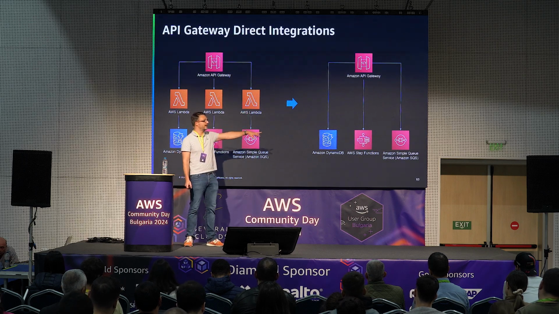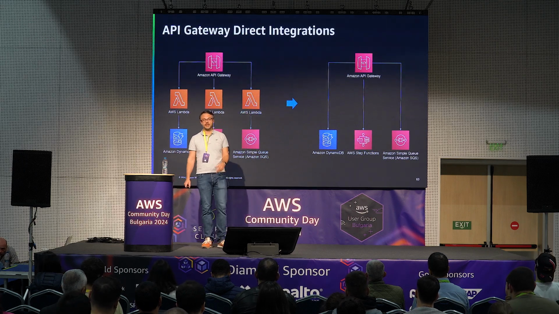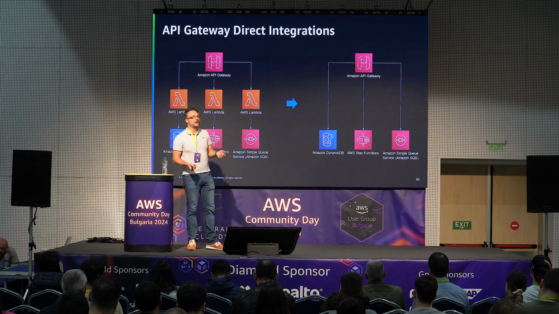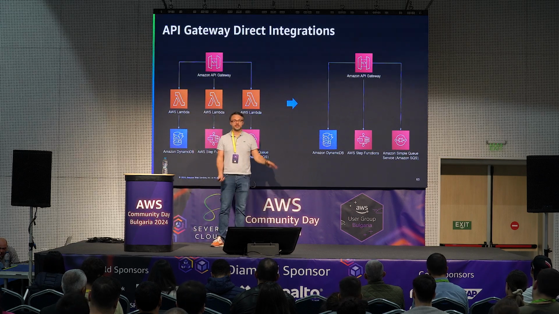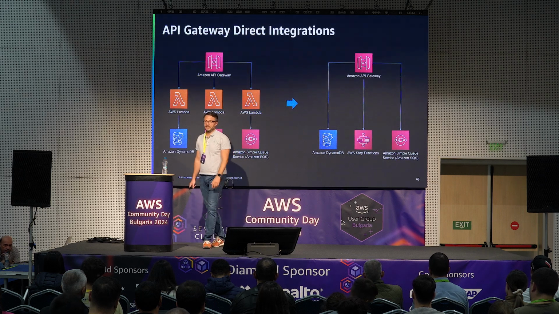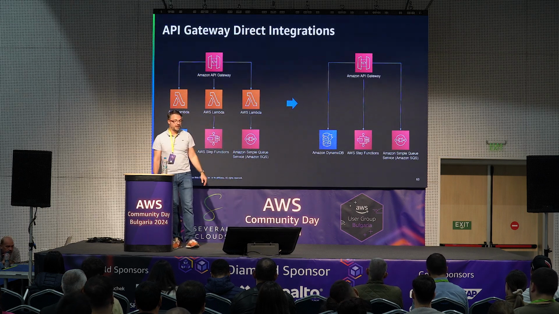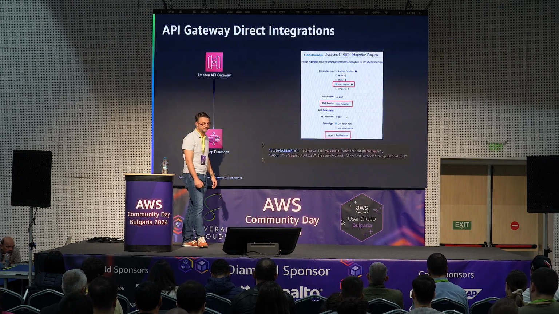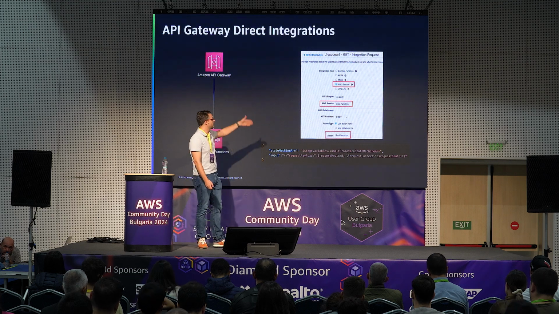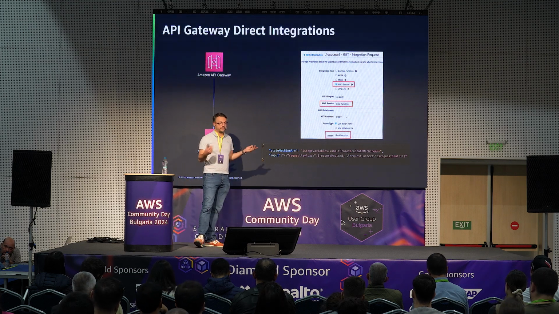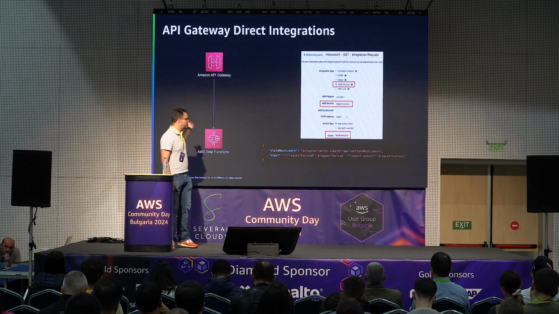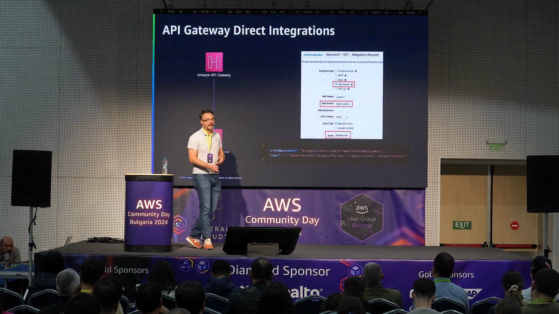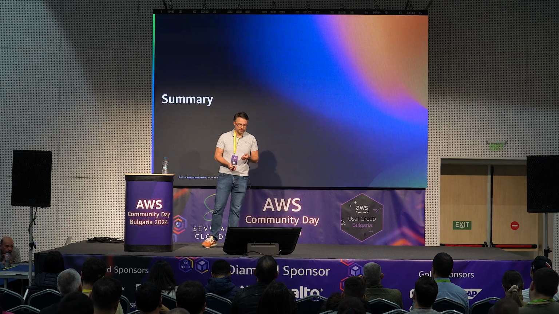Or you want to go asynchronous and just put a message into SQS and then process it in a Lambda function. You can use these direct integrations and put events or messages directly, bypassing Lambda. Here you can invoke different services, but as I mentioned, the most common one maybe is using API Gateway with Step Functions.